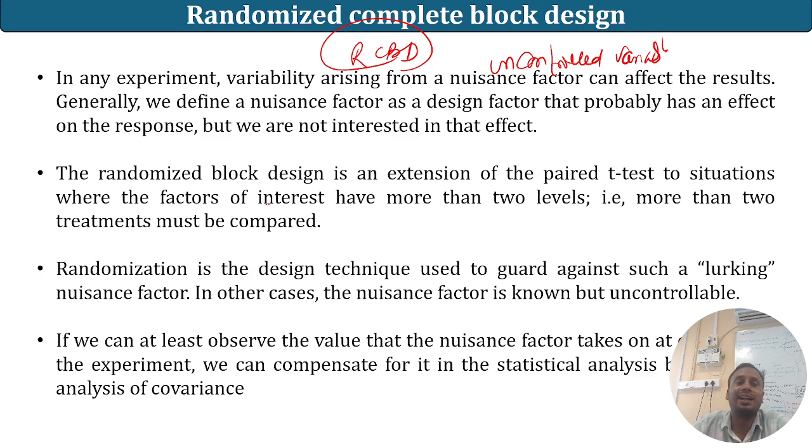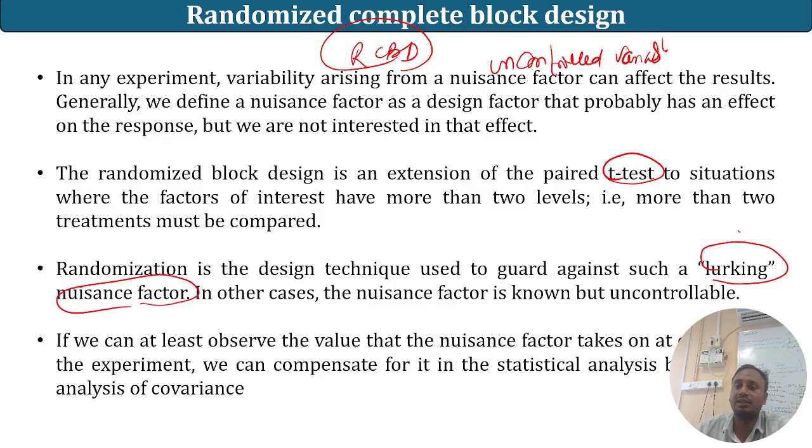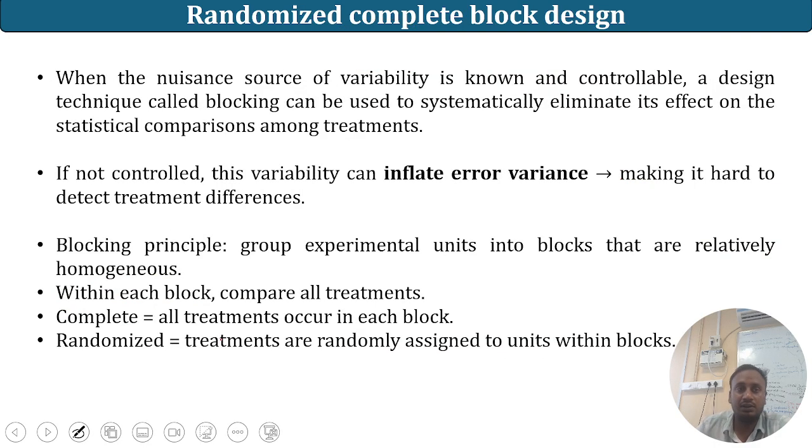The randomized block design is actually an extension of the paired t-test. What we do is check with more than two levels or more than two treatments. It's a technique for reducing the nuisance factor. When the source of the nuisance variability is known and controllable, a design technique called blocking is used.